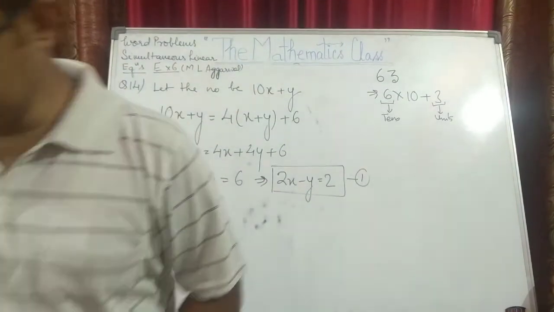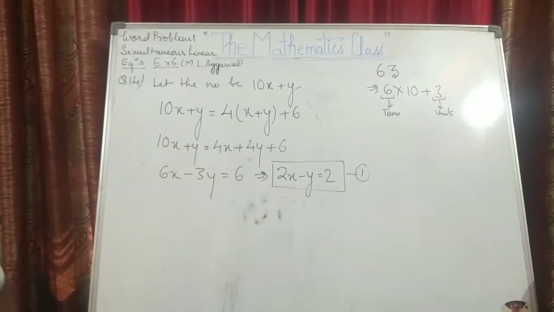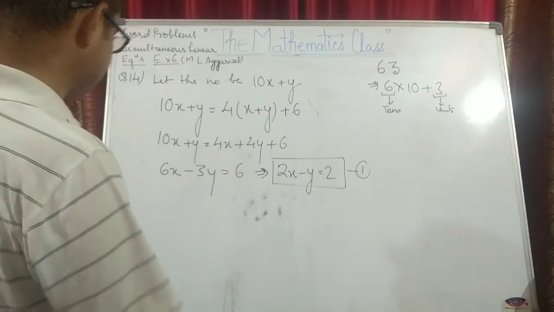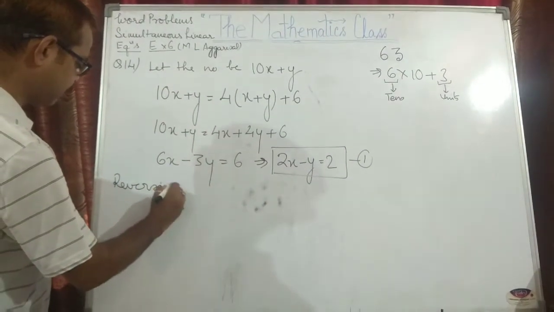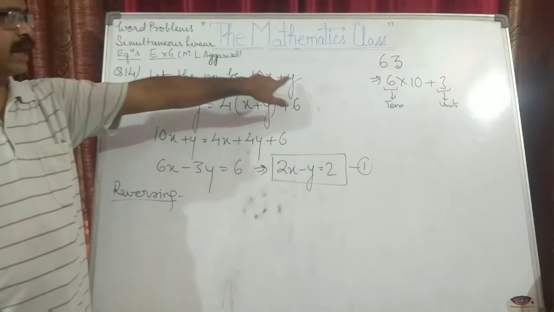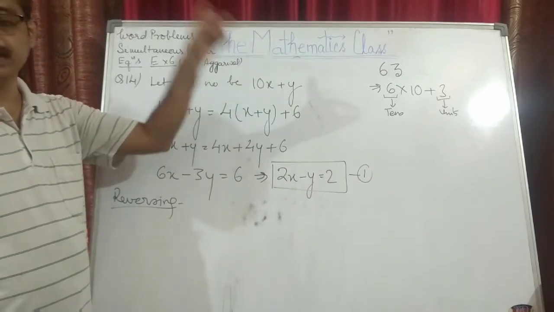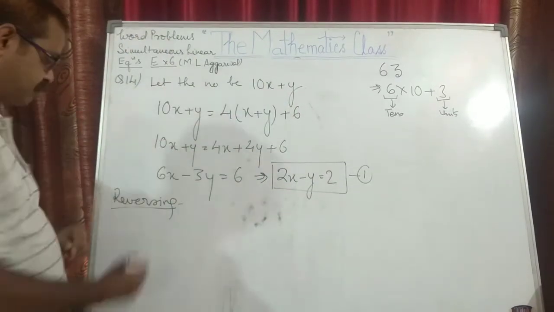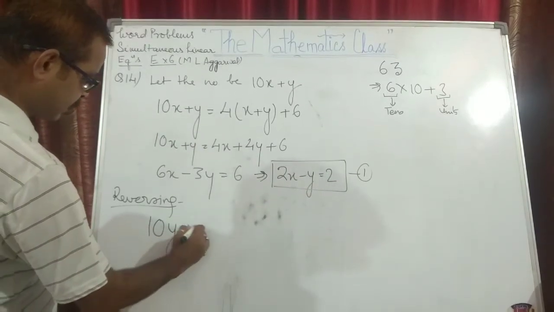The second part reads: it is increased by 9 on reversing the digits. So when we are reversing the digits, it means x takes the place of y and y takes the place of x. The reversed number will become 10y plus x.